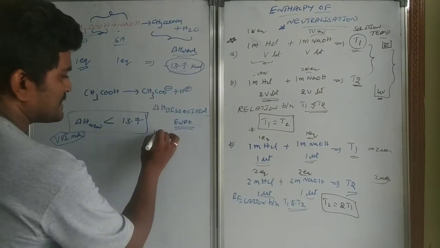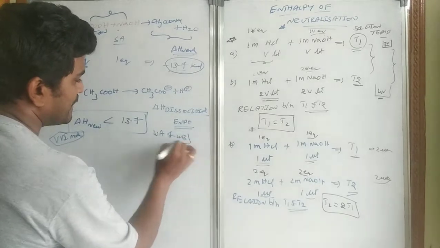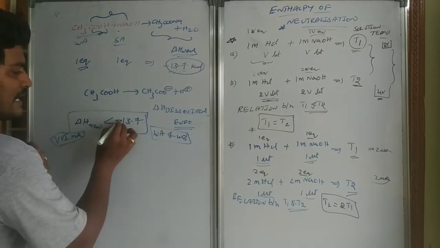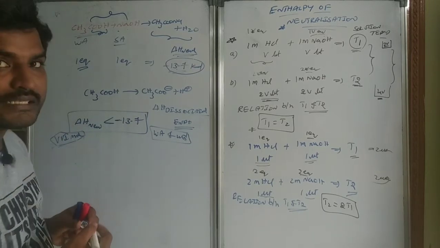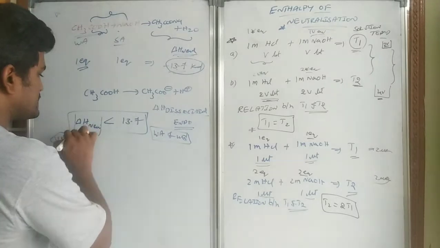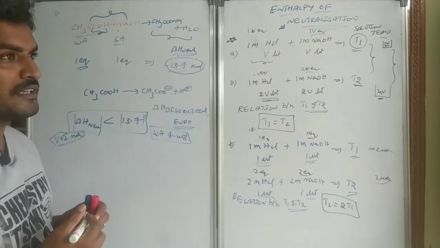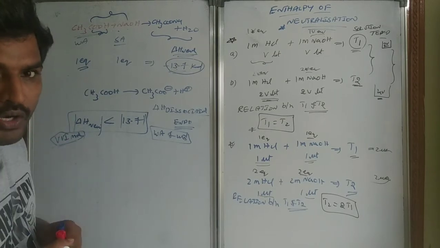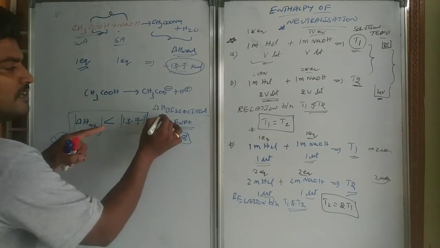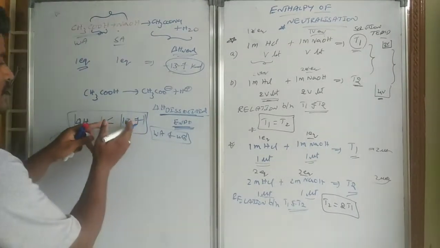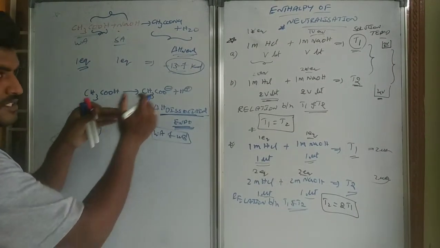For weak acids and weak bases, the enthalpy of neutralization will be less than minus 13.7 value in magnitude. Why is it less than 13.7? Because some amount of heat will be utilized for the dissociation. So that's why the enthalpy of neutralization will be lower.